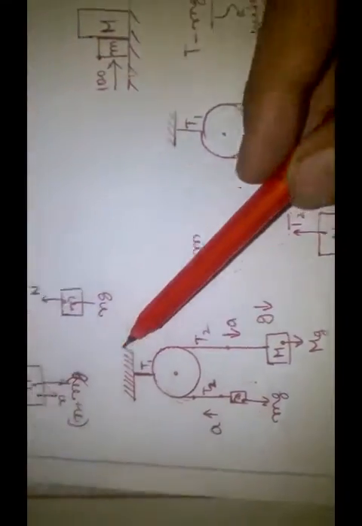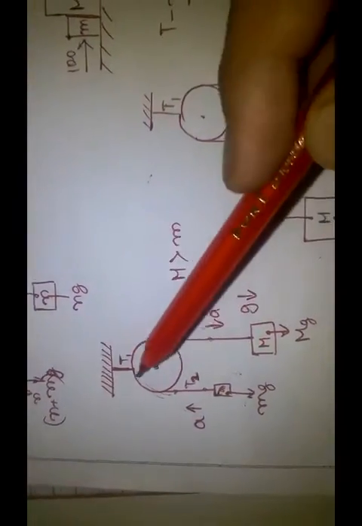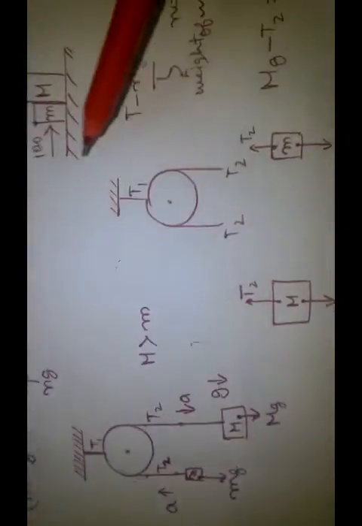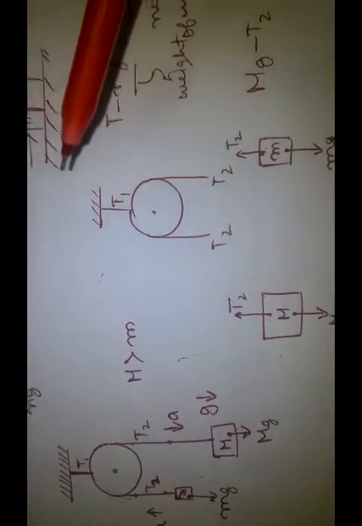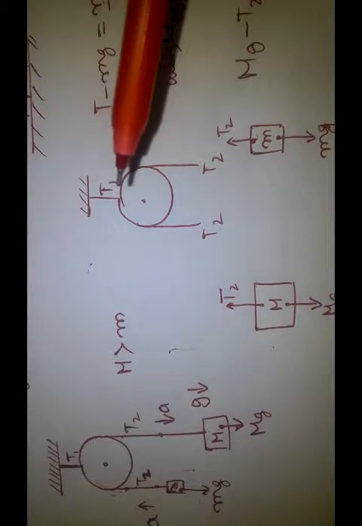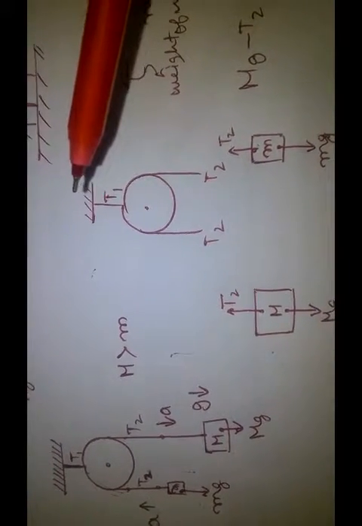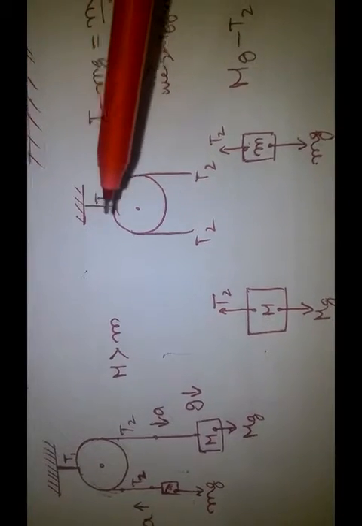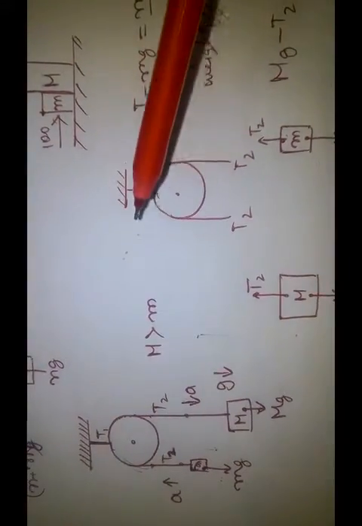Let us recall the free body diagram. FBD is here. We make this pulley like this, with the tension upward, the tension of the string. Whenever we make the free body diagram, we consider the string massless, and we also neglect air resistance and friction.